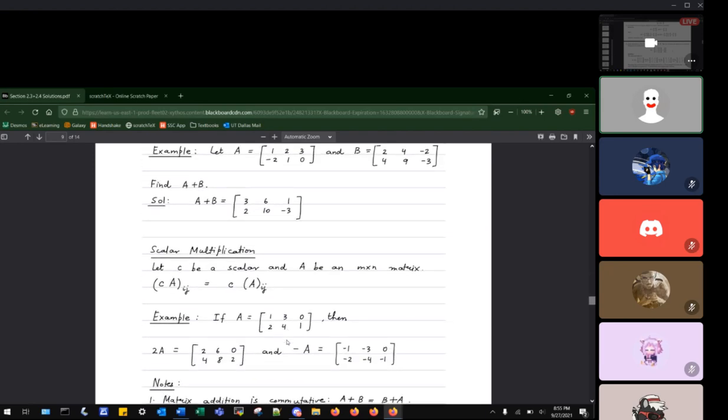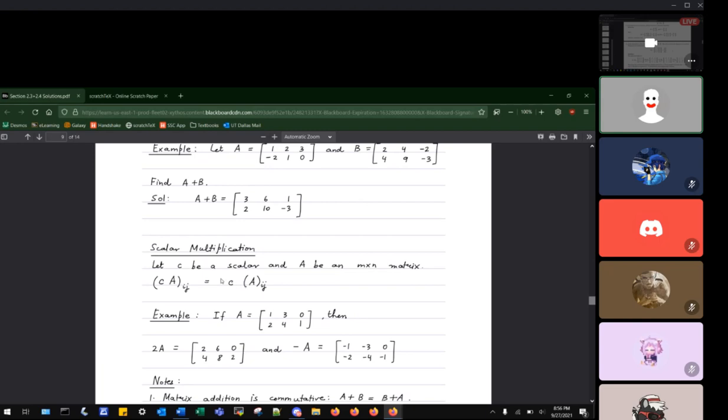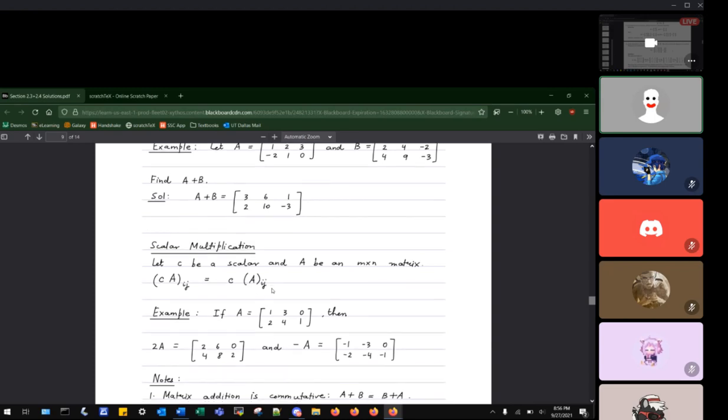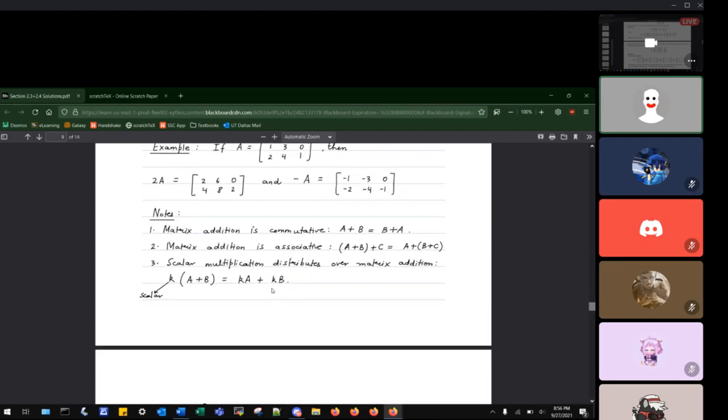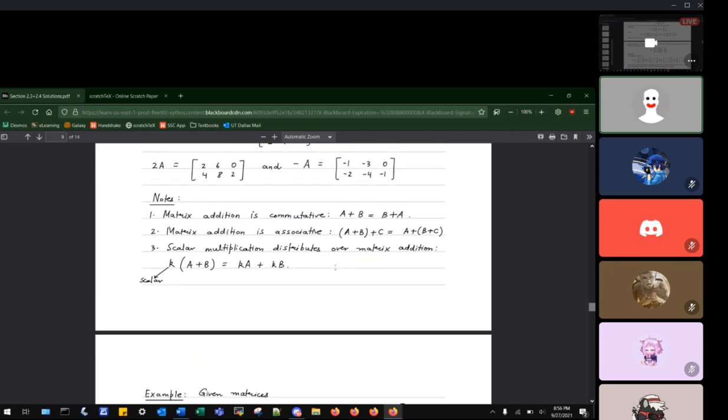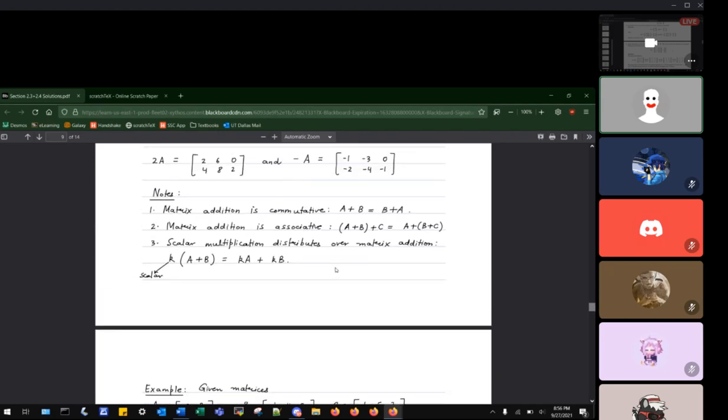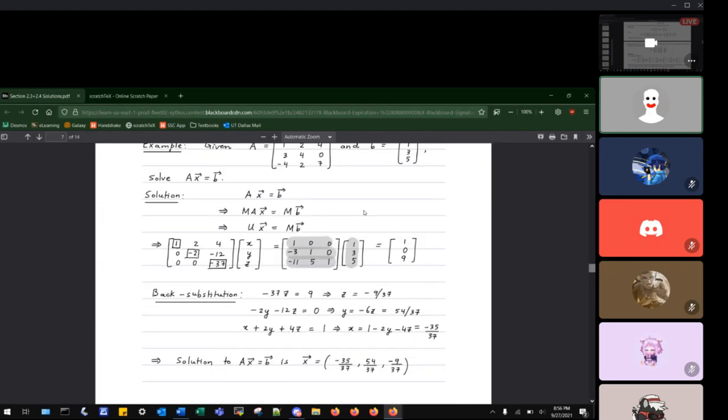Scalar multiplication is very similar. You just multiply each element of the original matrix by the scalar. Right here, these are the properties of matrix addition and multiplication. Matrix addition is commutative, but multiplication is not commutative.